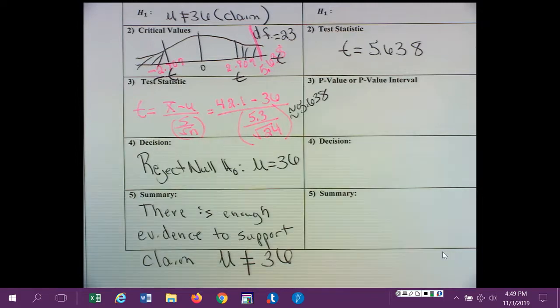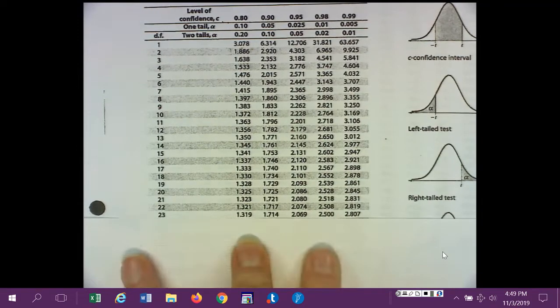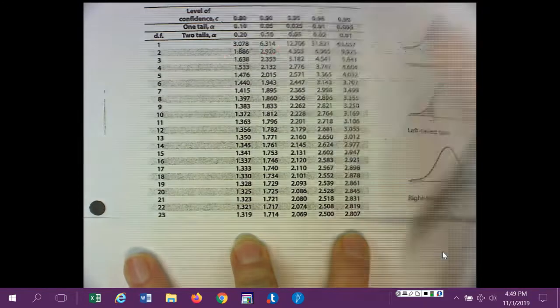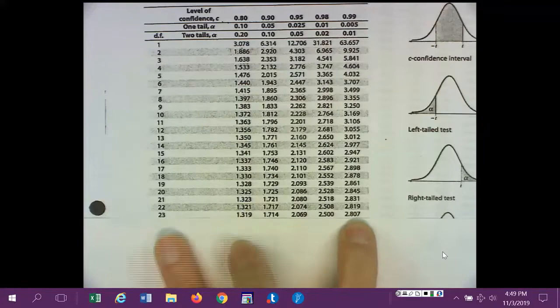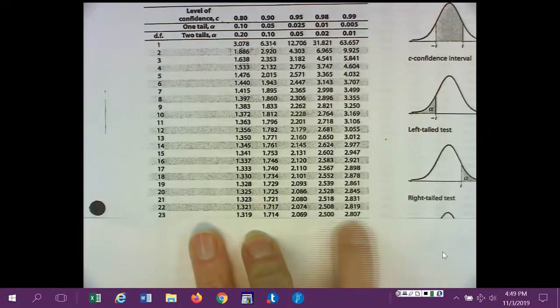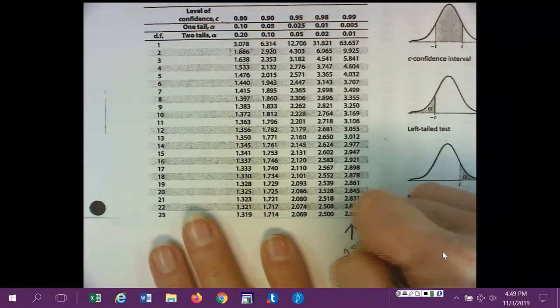So, row 23, and if you look across row 23, our test statistic was 5.638. Well, these numbers are growing larger as you read across. The largest number is 2.807. This is what we're going to do. 2.807. Test statistic.